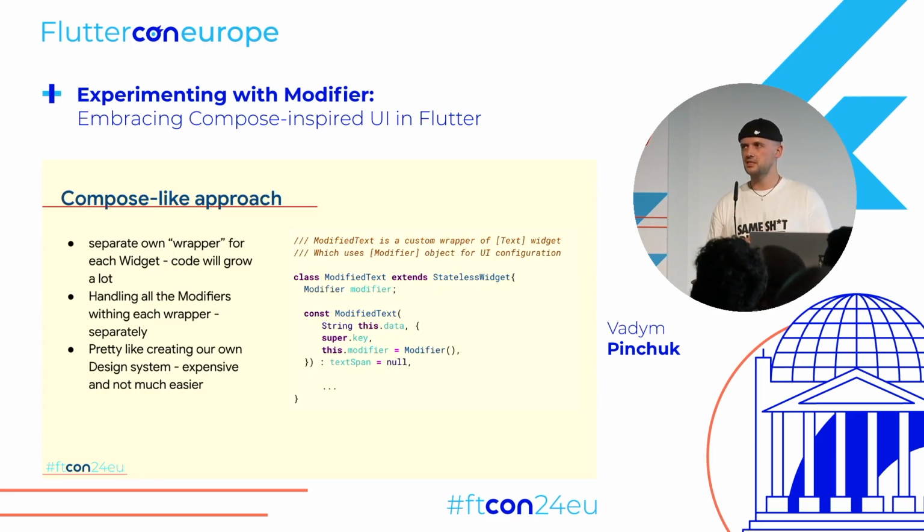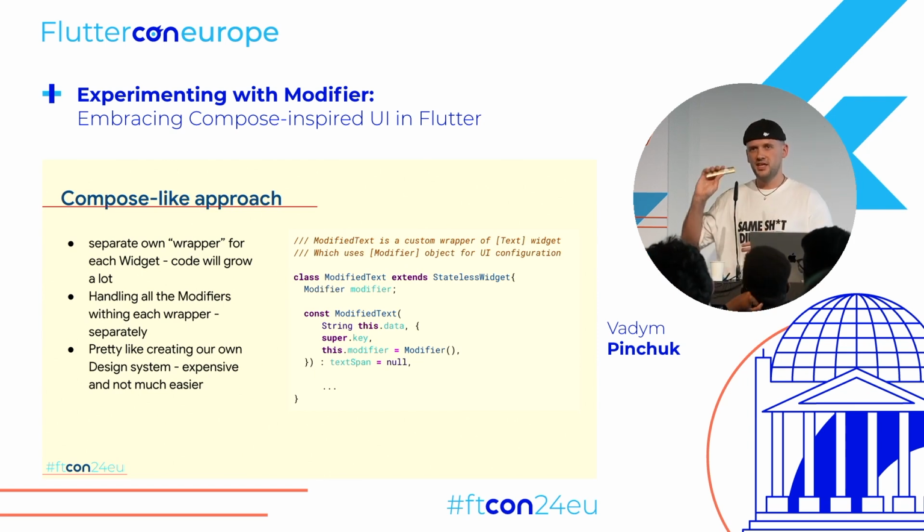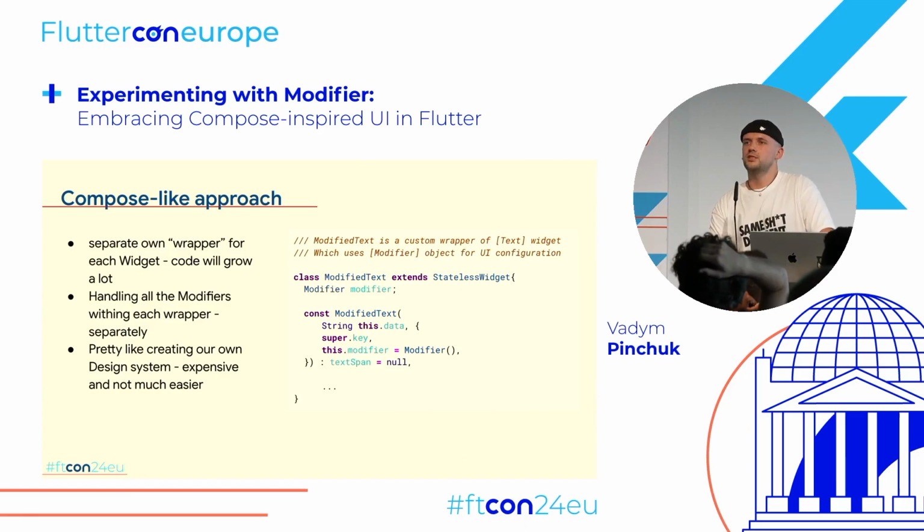Nice, easy, neat, but it means for each specific wrapper, we will need to have a build method which will apply these configurations on a widget. And that's not really nice, because it means we are duplicating the same things three, four, five times. Actually, it looks like we are creating our own design system.